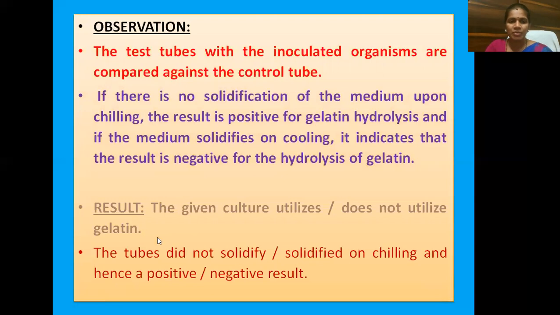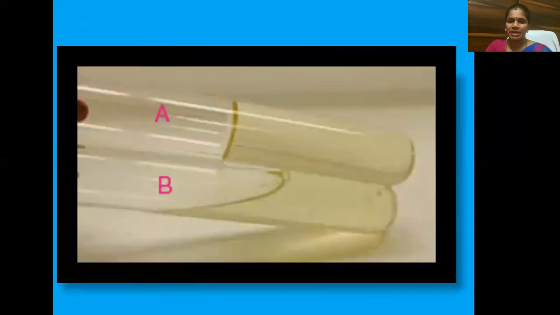The tubes did not solidify or solidified on chilling, and hence a positive or negative result you need to interpret by observing the slide. Observing the test tubes, you can see A is the negative gelatin test and B is gelatin positive, because this is in the liquid condition.